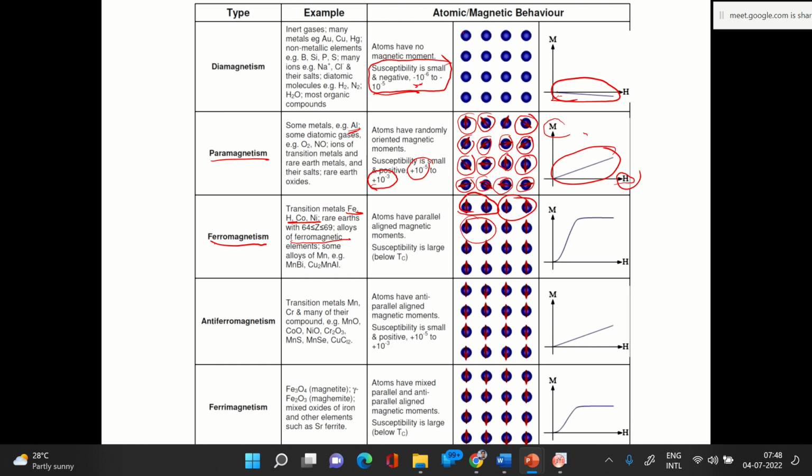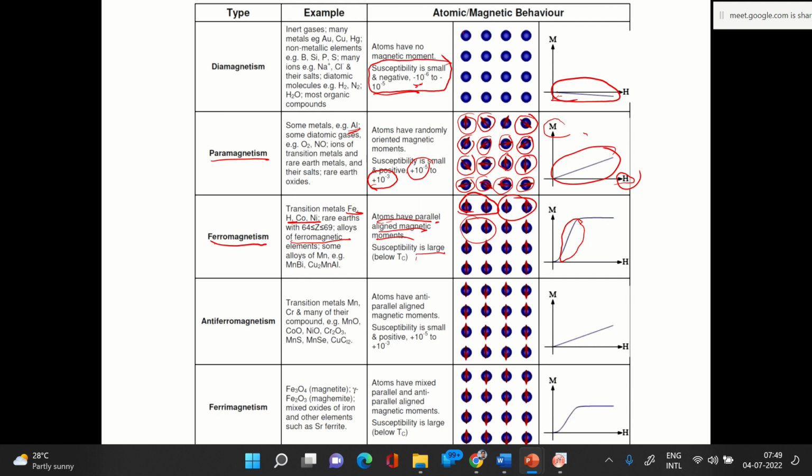Okay, so in this case the susceptibility is much larger. देखिए स्लोप यहाँ पे बहुत ऊपर उठा के दिया गया है, the line. So susceptibility is much larger as compared to paramagnetic. The difference क्या है? The atoms have parallel aligned magnetic moments.